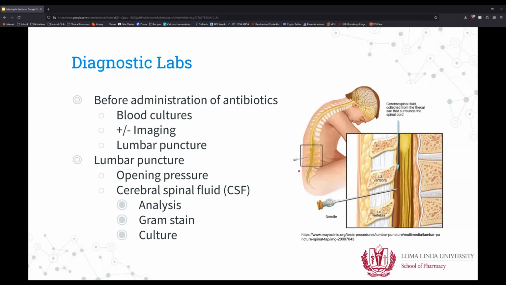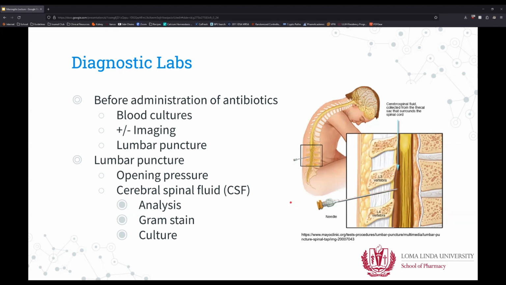So a lumbar puncture is where the patient essentially bends over in their bed, and a needle is inserted into the central nervous system. Specifically, what they're doing here is drawing out cerebrospinal fluid, or CSF. And with this fluid, a couple things are being considered.